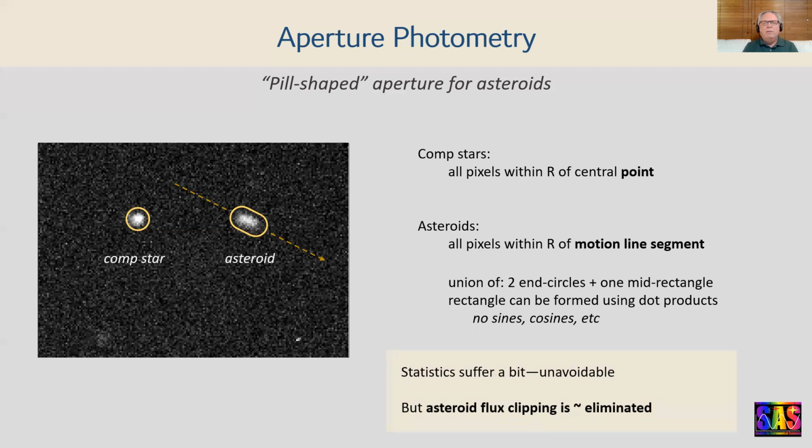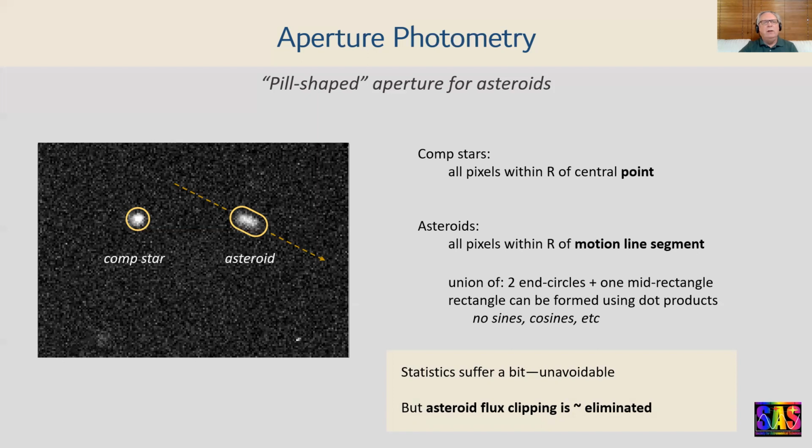It's the fault of the physical fact that the asteroid is actually stringing the photons over more pixels. But you do gain much more than you lose in statistics by eliminating the asteroid flux clipping. This is working extraordinarily well, even for fairly fast asteroids.